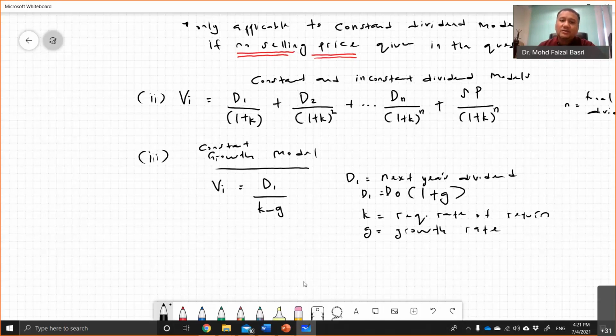So for the constant growth model, the only trick that you need to beware of is whether the question gives you D0 or D1. D0 means current dividend, whereas D1, as I said just now, is the next dividend, next year's dividend.